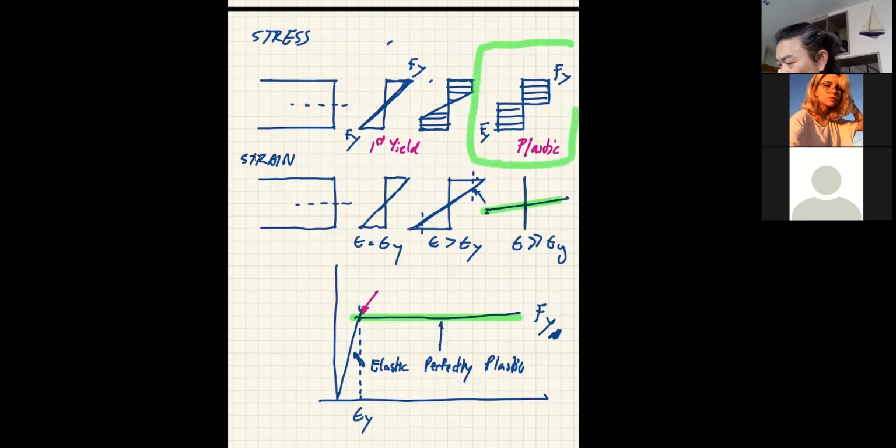So we are not going to use the typical first yield as our strength anymore. We are going to use the plastic capacity of our steel. Okay, so it's time to be introduced to the new stress distribution when a plastic hinge occurs. That is our stress distribution.